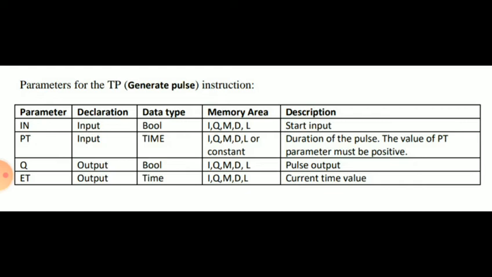Then PT is an input of time data type, and it is the duration of the pulse. The value of the PT parameter must be positive. Then Q is an output of bool type, and it is the pulse output. And ET is an output of time data type, and it is the current time value.